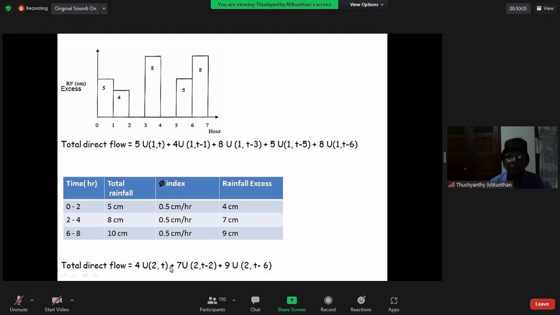What is the duration of rainfall? Here see, 2 hour duration, again 2 hour duration. This 0 as t, t minus 2, again t minus 6. From 4 to 6 there is no rainfall.